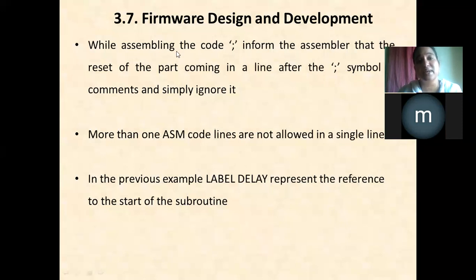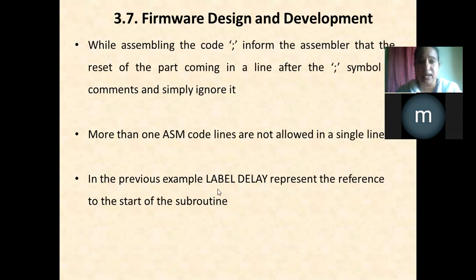They simply ignore it. Isn't it? More than one ASM line is not allowed in a single line. As I already told, for a single line, one single ASM instruction should be there.